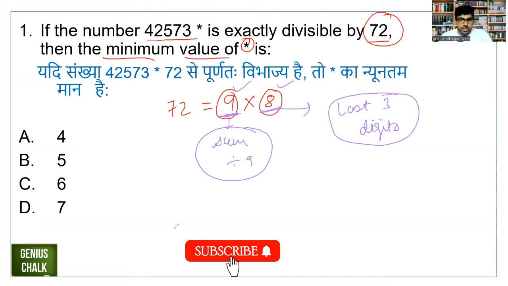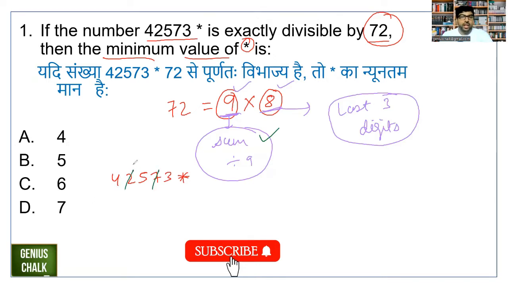We have the number 42573#. Now this hash can take only a single value. First, check the sum of the digits, which should be divisible by 9. Let's check the sum. 4 and 7 is 11, and 2, 9.